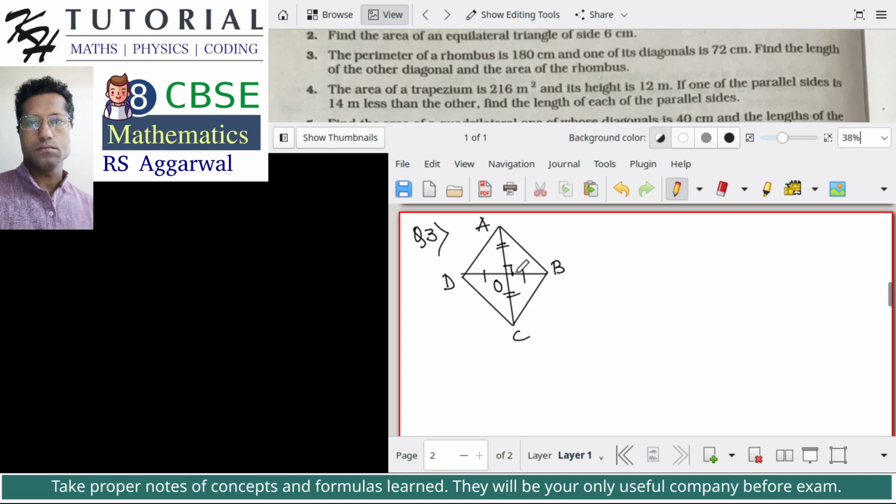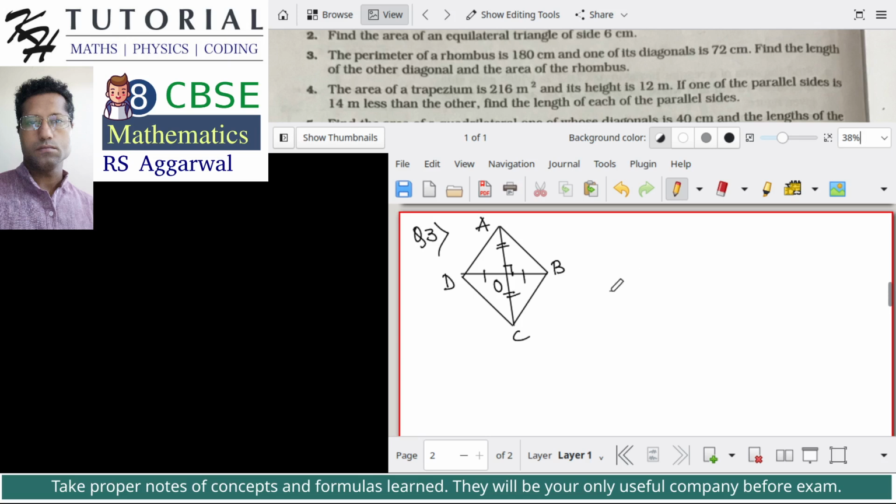Let's say ABCD is the rhombus where the diagonals are bisecting at the point O at right angles. The perimeter of the rhombus is 180 centimeter and one of its diagonals is 72 centimeter. Find the length of the other diagonal and the area of the rhombus.